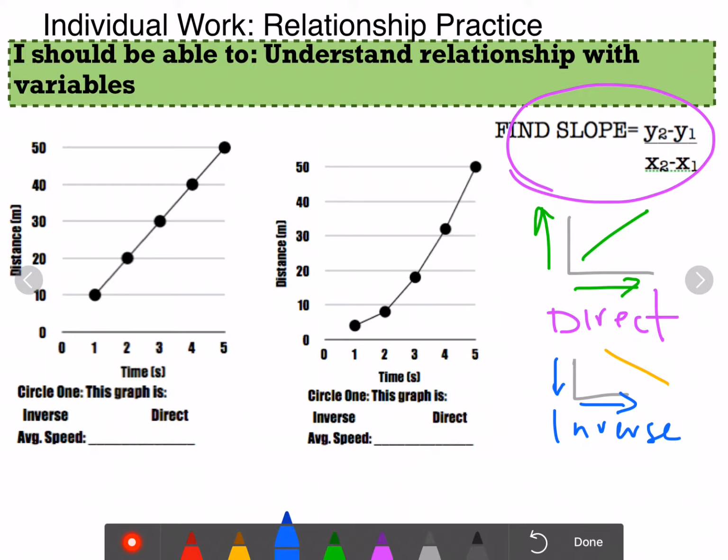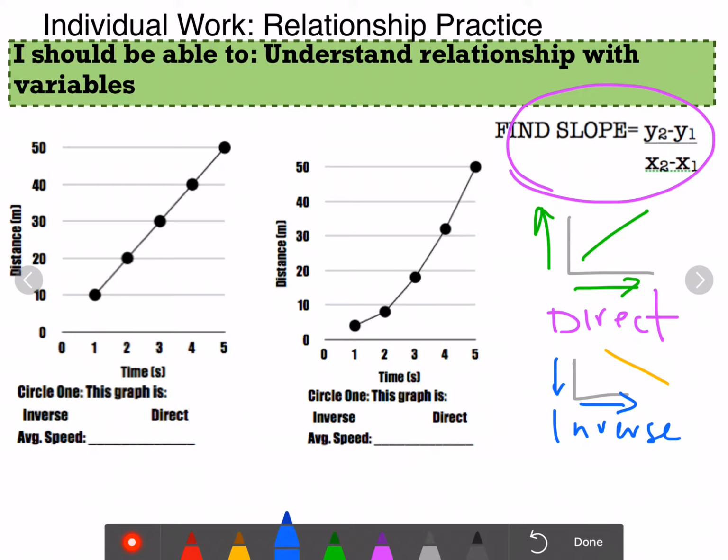So I'm going to have 40 meters minus 10 meters over, now I need to find where that 40 went. It's at 4, and my 10 is at 1. So I'm going to have 4 seconds minus 1 second. 40 minus 10 is 30 meters, and 4 seconds minus 1 second is 3 seconds. 30 divided by 3 is 10.